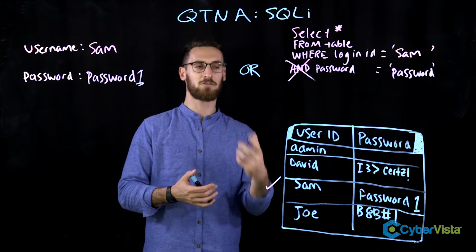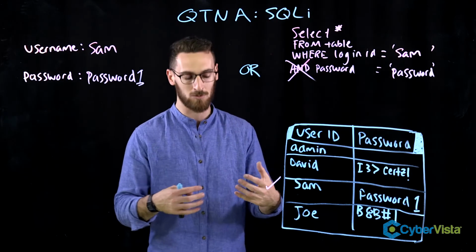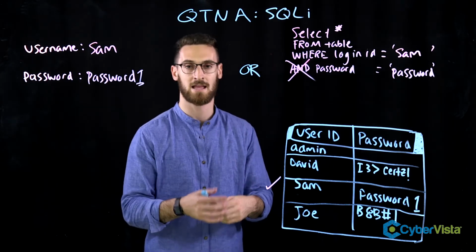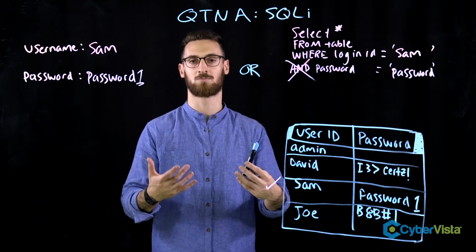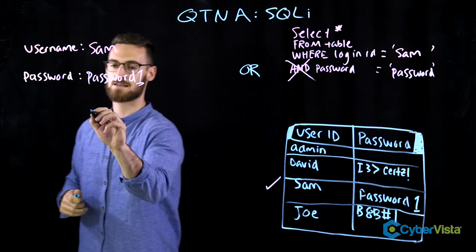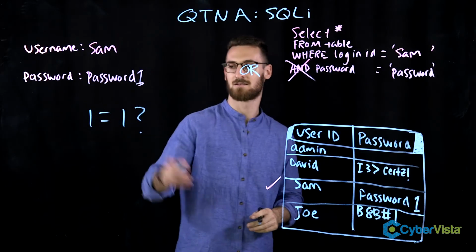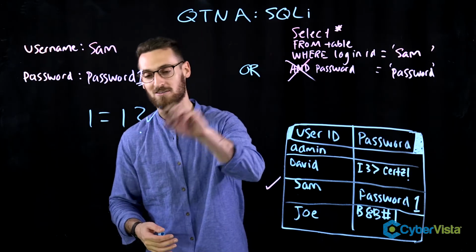The other thing you have to think about is, what's my syntax going to be? In SQL, you want to be looking for a true condition, so you have to ask, what is always true? A very simple and very common attack is asking yourself, does 1 equal 1? Yes, that is always true at all times, right?